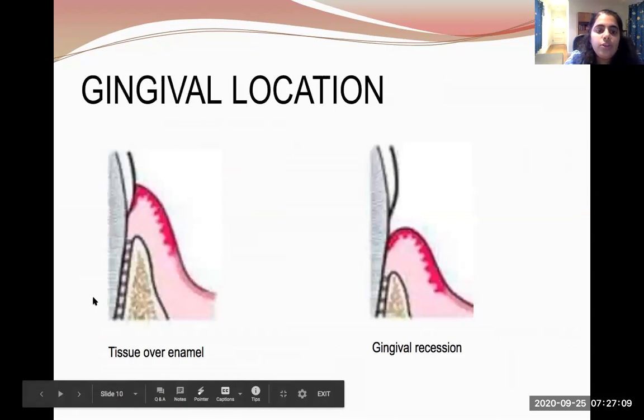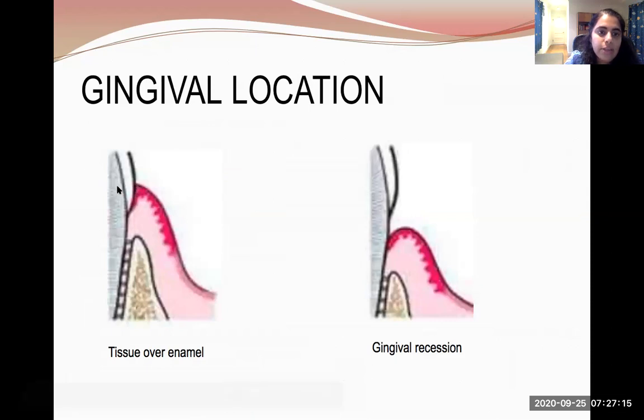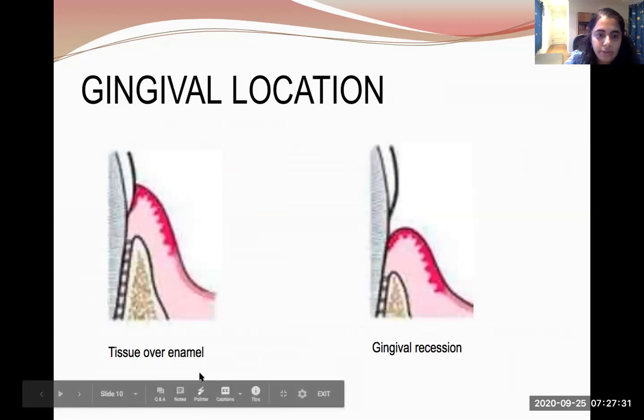So this is the location of the gingiva. So in this case, you can see that the gingiva is covering the crown part of the tooth. And then in this case, it's on the cementum. So here it's on the enamel and here it's on the cementum, because there is pre-existing gingival recession.